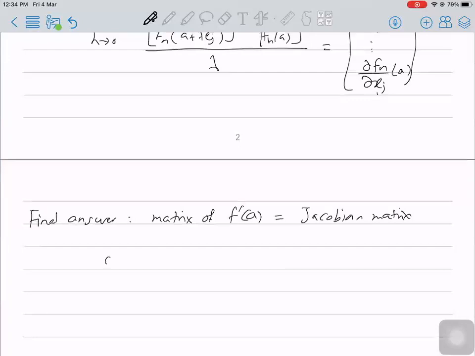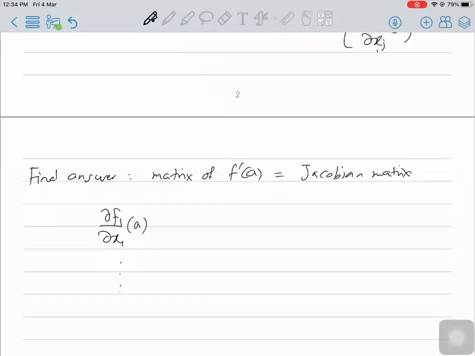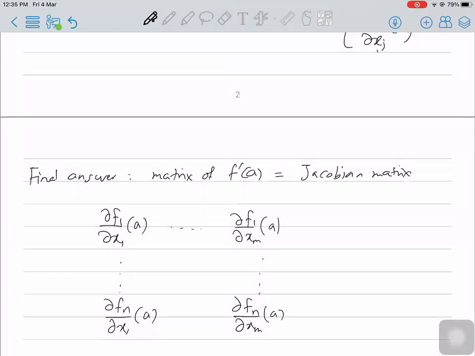So this is going to be del f1 by del x1 at a, and so on, down to del fn by del xm at a.